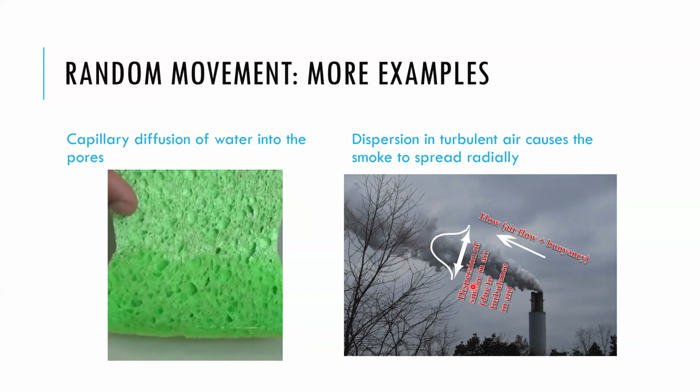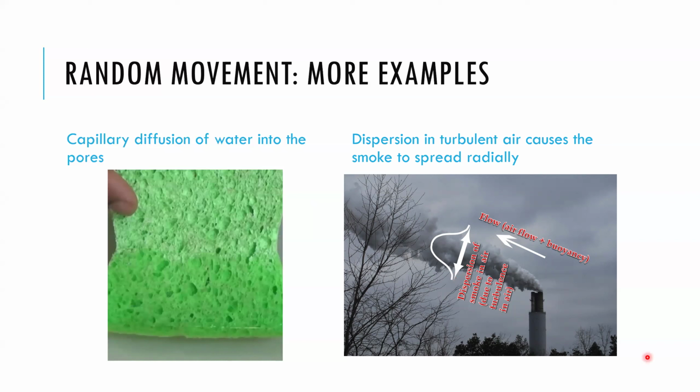It's spreading out because of the surrounding air that is turbulent, and that is helping the smoke to spread out. So this is a dispersion process. It's definitely not molecular diffusion, but it turns out the nature of these processes is analogous, and we can treat these random movements the same way.